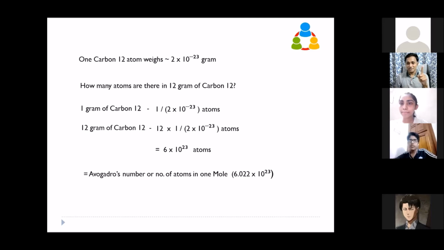That will be constant. So in 1 gram of protons, how many protons are there? It will be the same as in 1 gram of neutrons, how many neutrons are there. Right? And that will be the same as in 12 gram of carbon, how many carbons there will be.